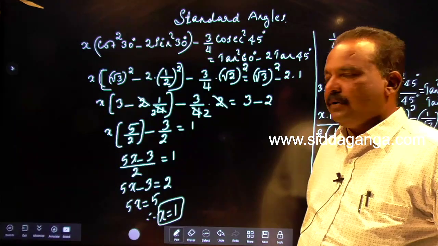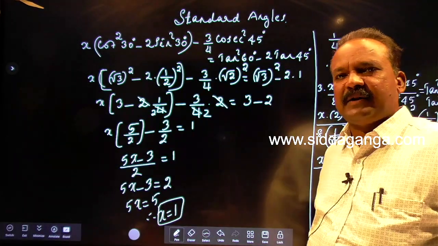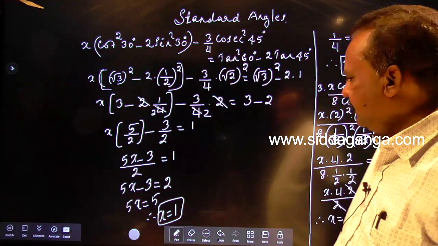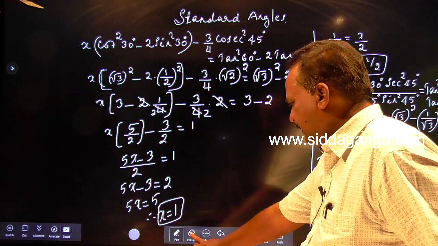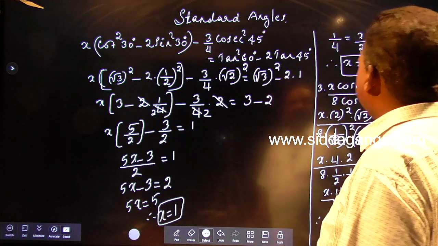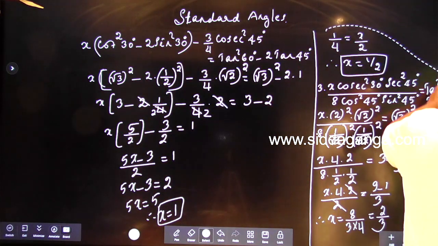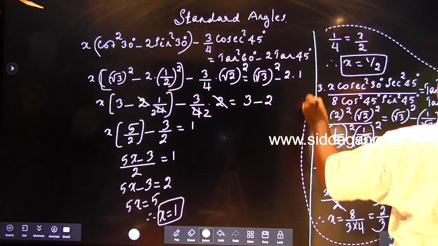So this is how you can do some problems on standard angles. So after learning this much, we can come to one more important thing that you have learnt in your 10th standard, the complementary ratios.